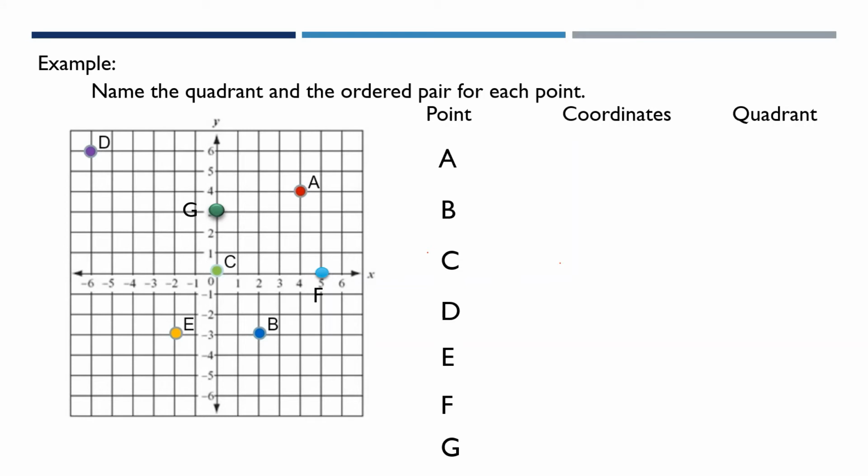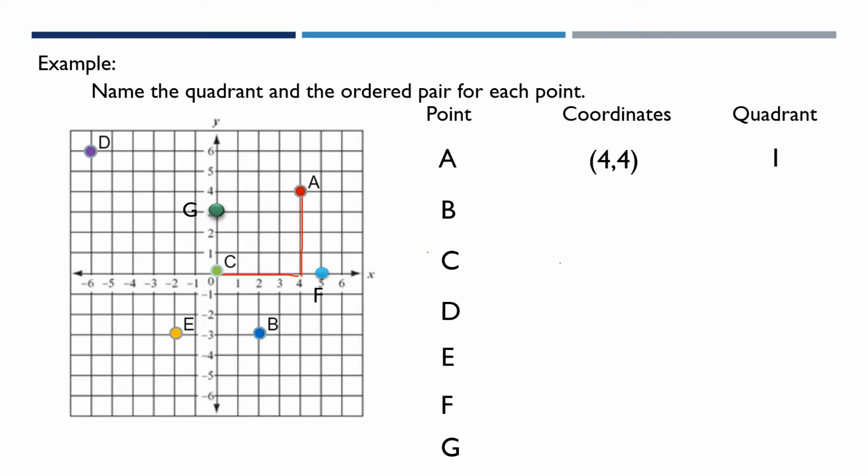Okay, so halimbawa sa point A, tingnan natin kung saan nakatapat horizontally. So nakatapat siya sa positive 4. And vertically, nakatapat sa positive 4. So the coordinates are (4, 4). And it is located on quadrant 1.